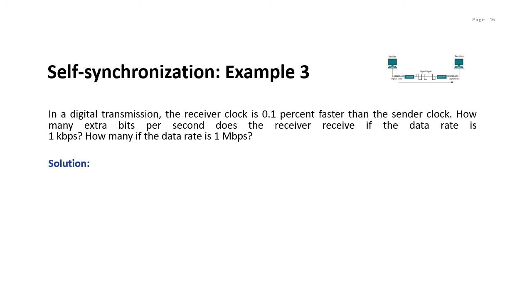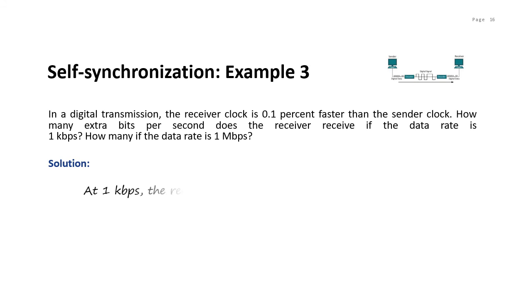Let's do an example on self-synchronization. Imagine in a digital transmission, the receiver clock is 0.1% faster than the sender clock. How many extra bits per second does the receiver receive if the data rate is 1 kilobit per second? And what will happen if the data rate is 1 megabit per second?